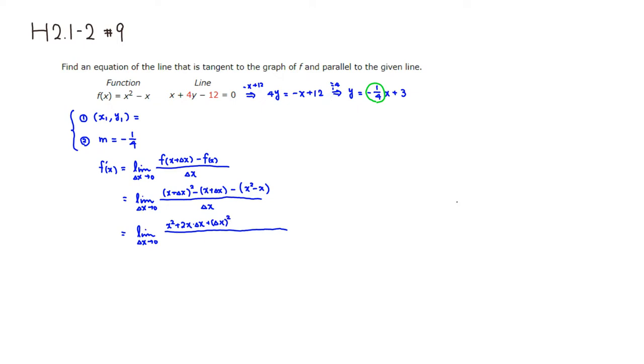Then we also distribute this negative sign to each term there, so we get the negative x minus delta x.